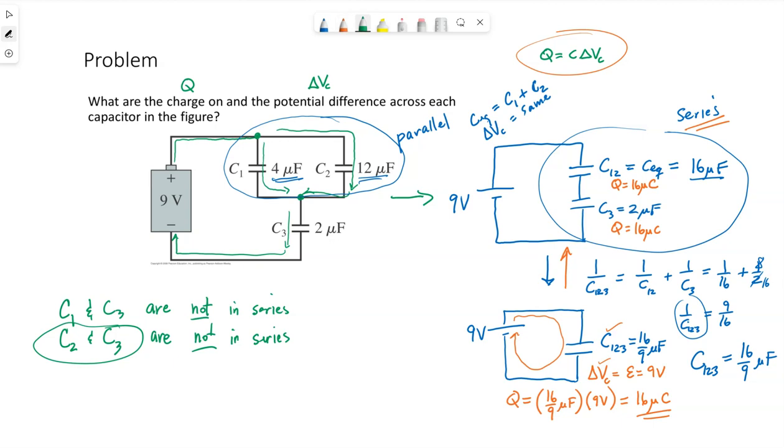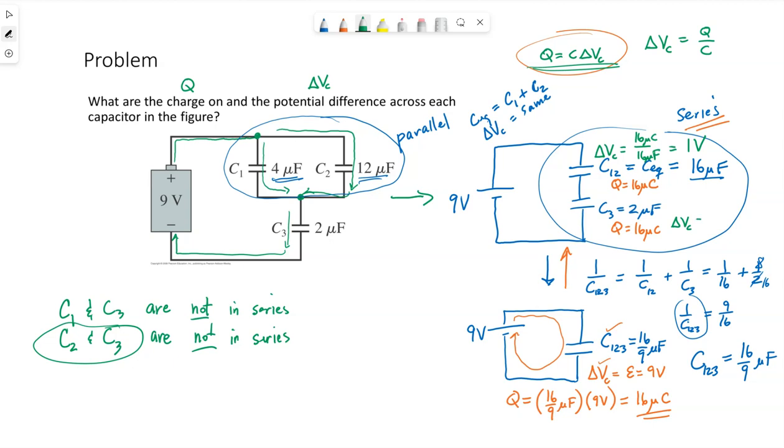So let's use this equation yet again, but to find delta V. Delta V is Q over C. So for the top capacitor, delta V will be the charge, the 16 microcoulombs, over the 16 microfarads, which that's nice of them to make that a beautiful 1 volt.